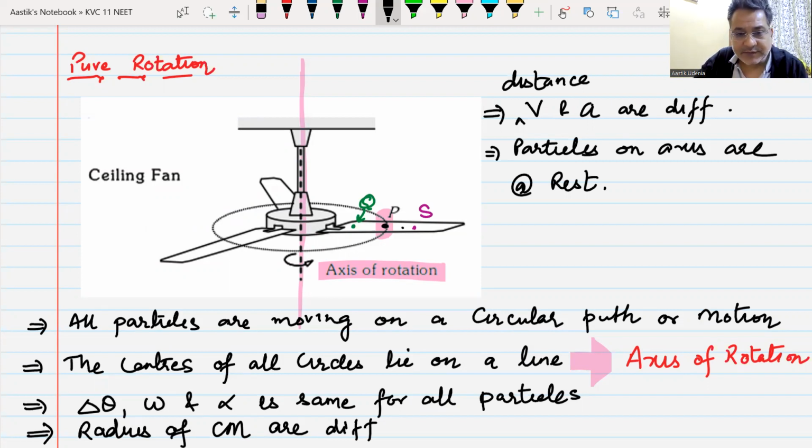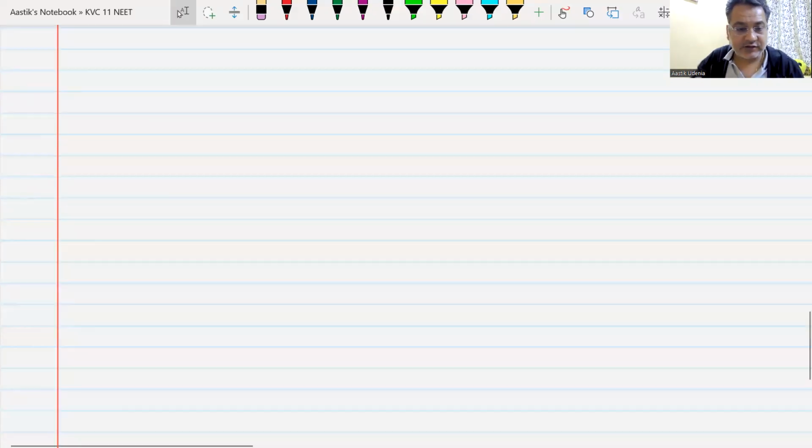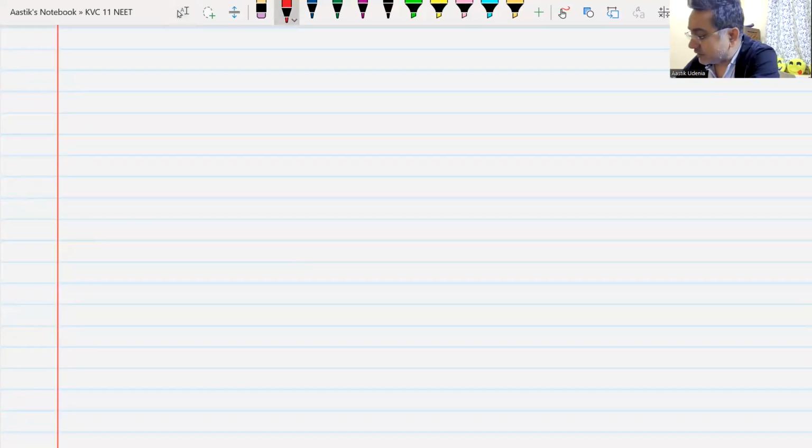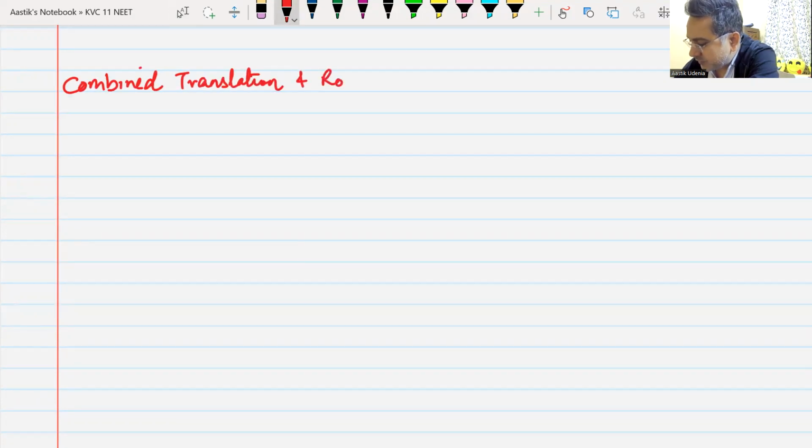The third type of motion would be a combination of translation and rotation. So you can write the third type of motion: combined motion, combined translation and rotation.